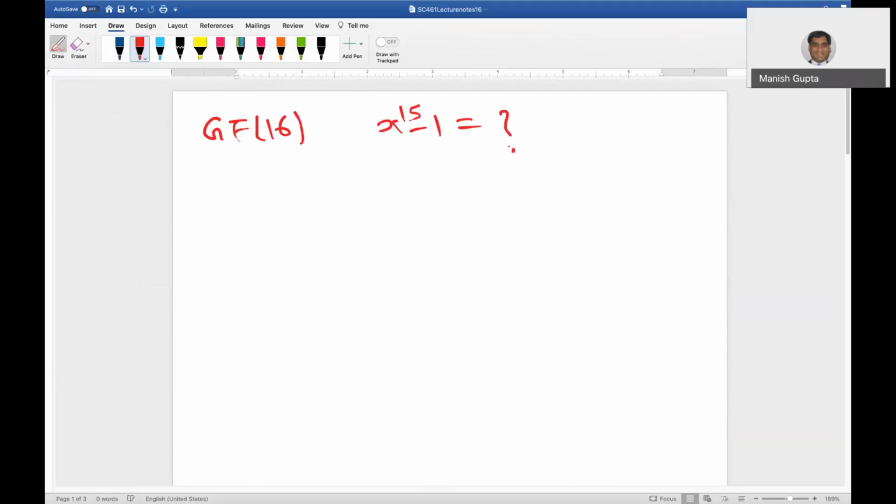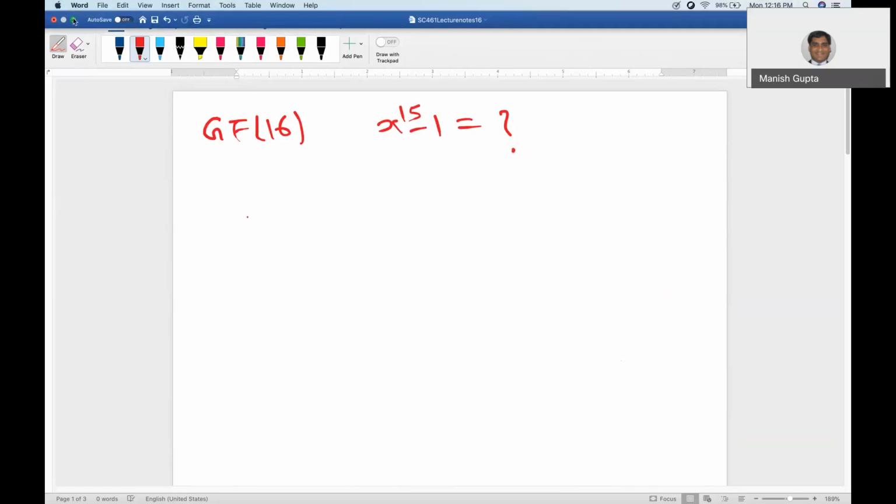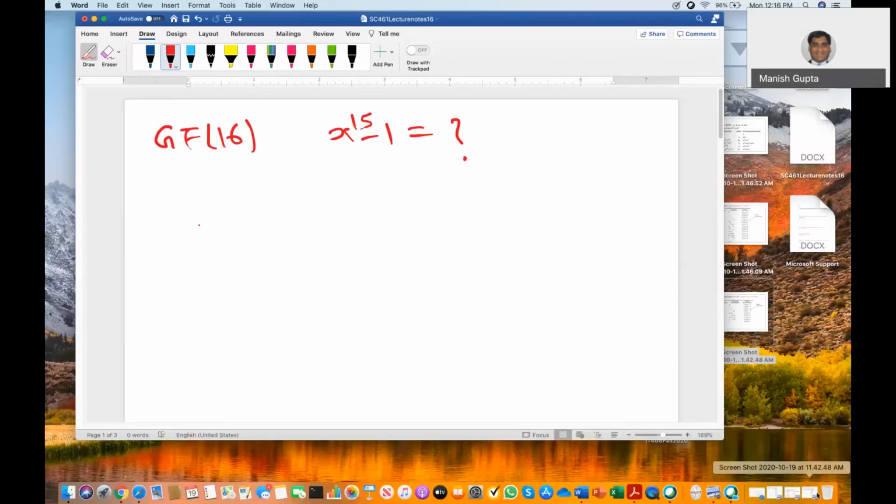This is known, right? This you want to find out. Actually, again, we need to look at the cyclotomic cosets and so on. Let me show you the field. So we need to take, say, one polynomial. I can take x raised to 4 plus x plus 1 as the first polynomial, to compute the field arithmetic.